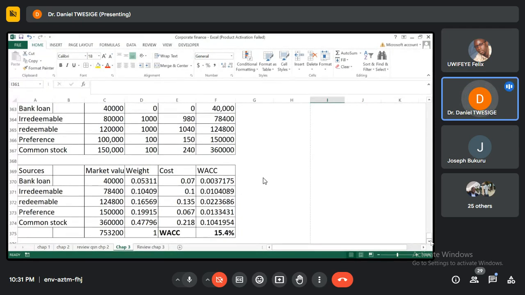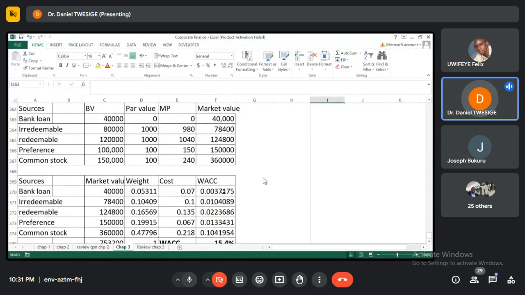I want to show you one more way. Excuse me, can you show us how you computed the cost? The cost is what we consider the cost of each source, the one we have been calculating. Oh, okay. Yes.